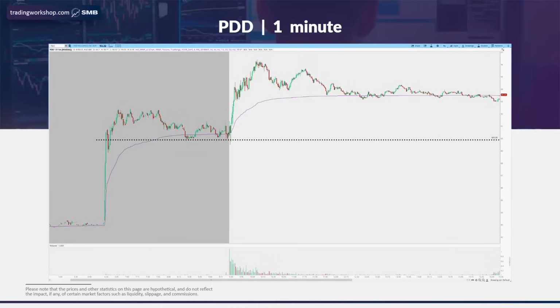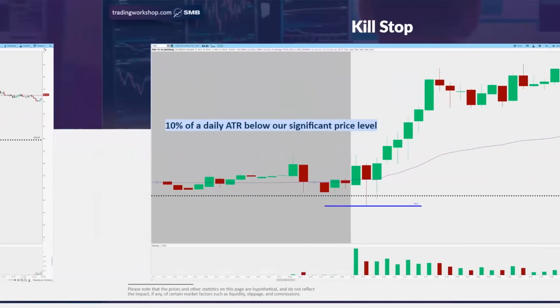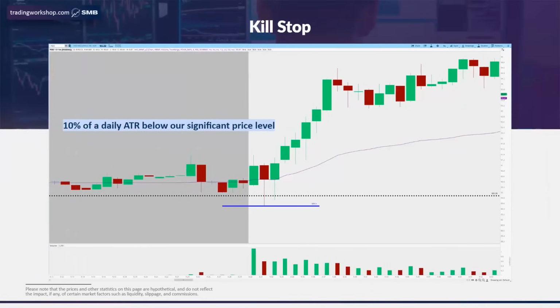And that's really what happened. So one thing you can do is use its daily ATR as a reference point, and you can use a percentage of that ATR and actually extend your stop below that level. So it's like giving the stock a little bit of extra room below the level, right?